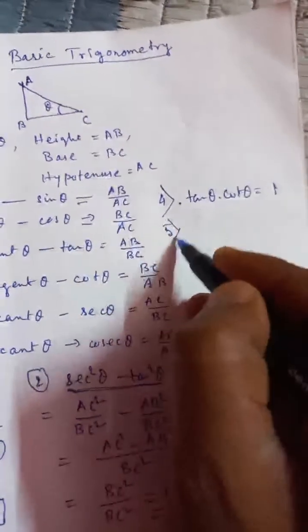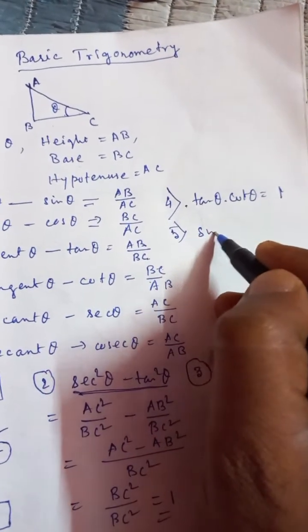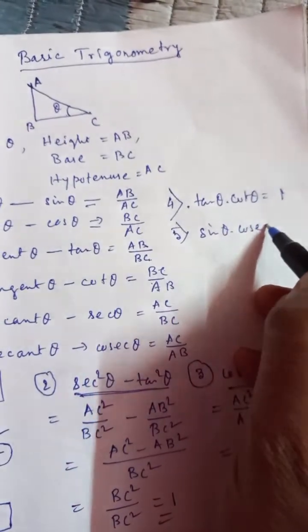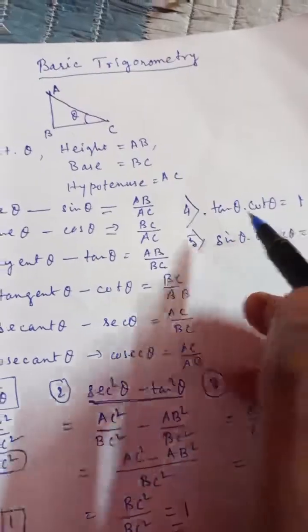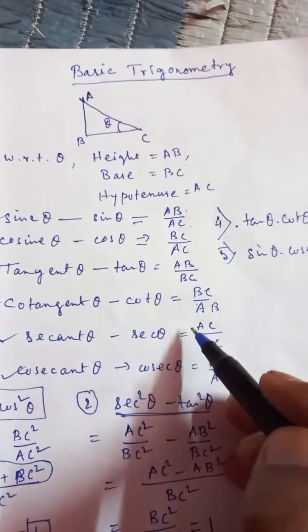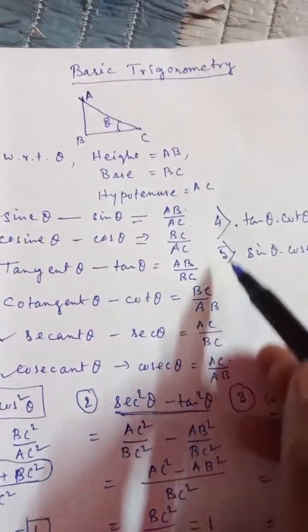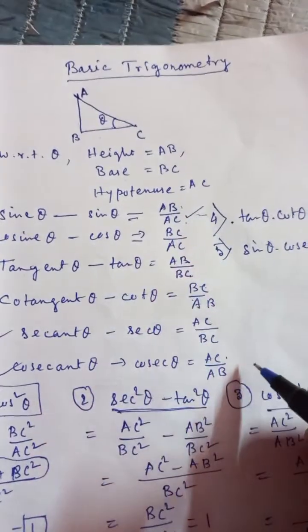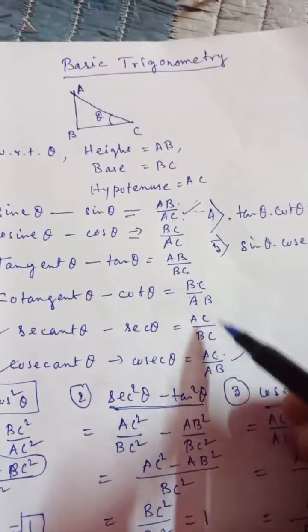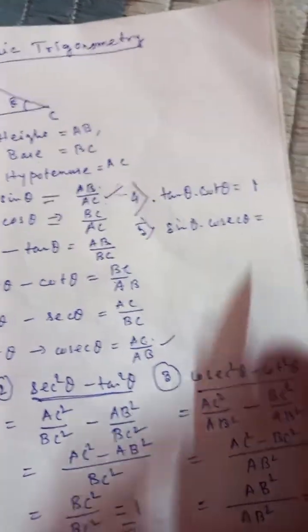Fifth formula is that sin theta multiply cosec theta is equal to, so sin theta is given AB by AC and cosec is given AC by AB. So again for these two, if we multiply, AC cancels each other and AB cancels each other, so we will get 1.